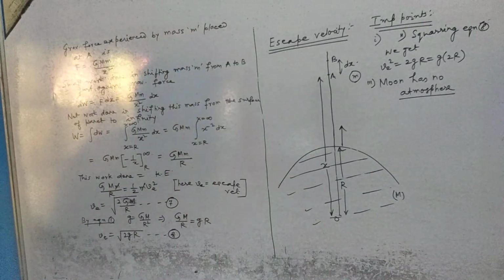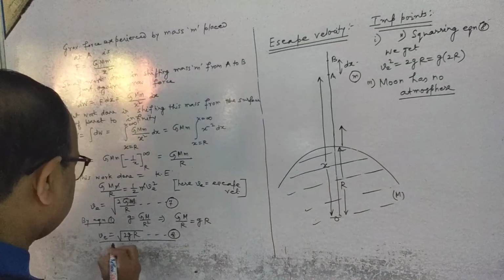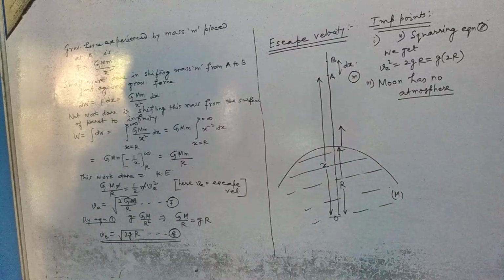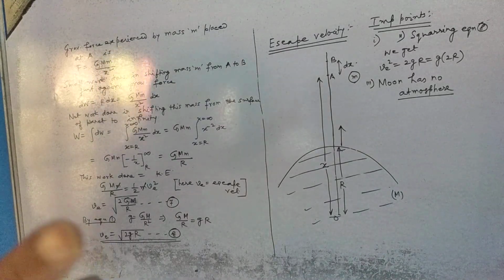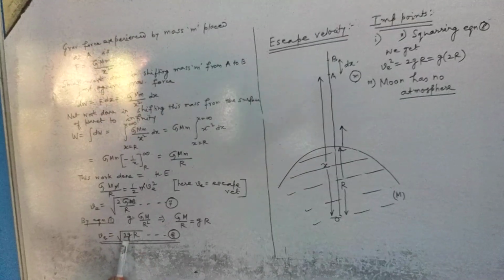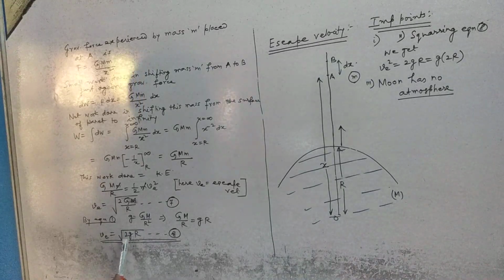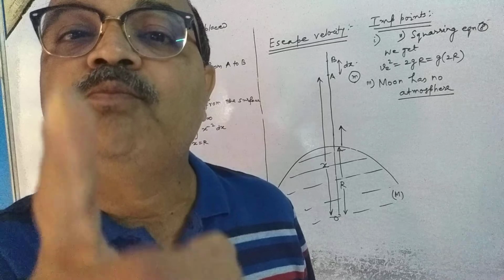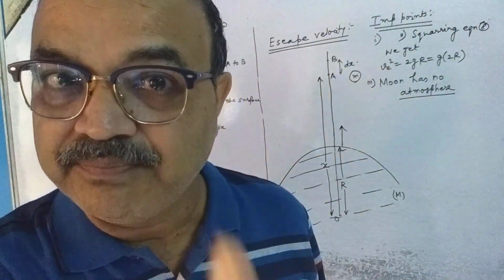You know, if I take equation number 8, I refer to equation number 8. According to equation number 8, we can say for moon, the value of R will be smaller than earth and g will also be much smaller than earth. ठीक है? This is why escape velocity on the surface of the moon is very small. Try to follow me.